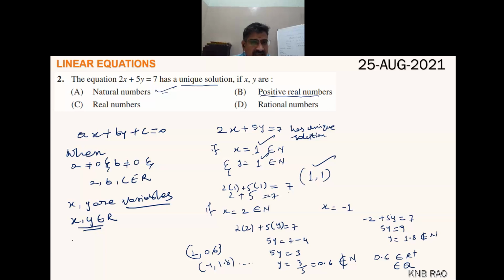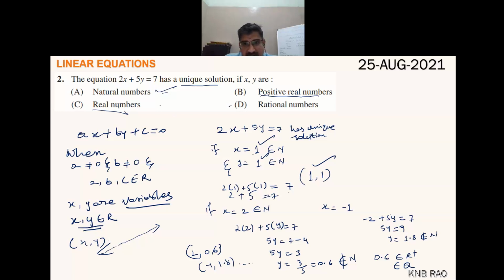You used to find x comma y and plot them as a graph. So x comma y being any real numbers, if I consider different real numbers, I'll get different solutions. As I assume one value for x, the other value for y will come. Real numbers include rationals and positive numbers.